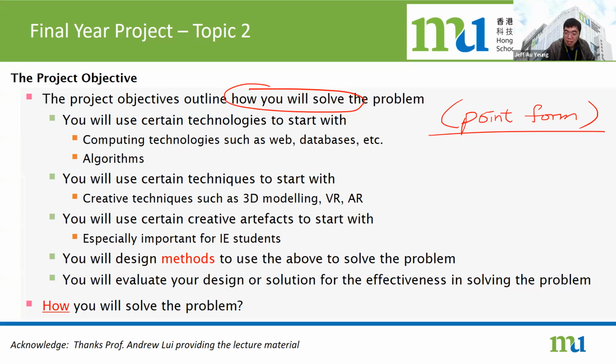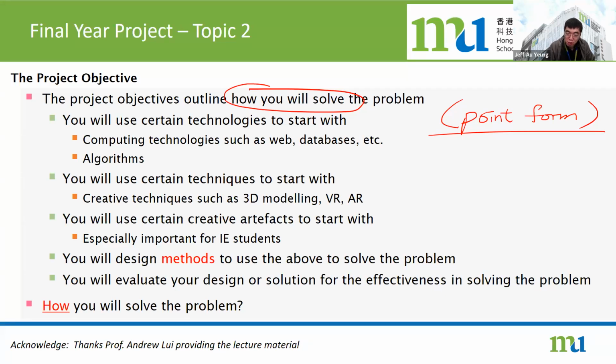Now, you don't need to tell me exactly the details of how to solve it, but you have to tell me roughly, if I want to achieve this system, then what I need to do.